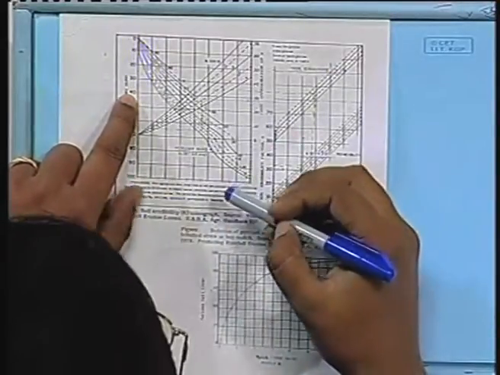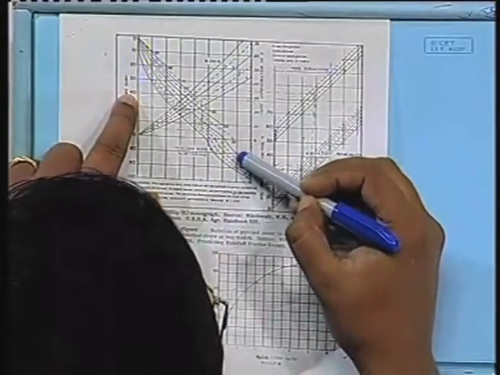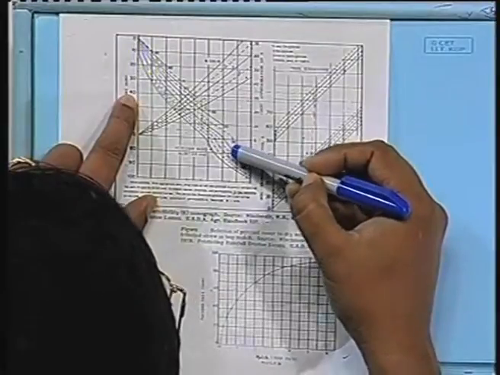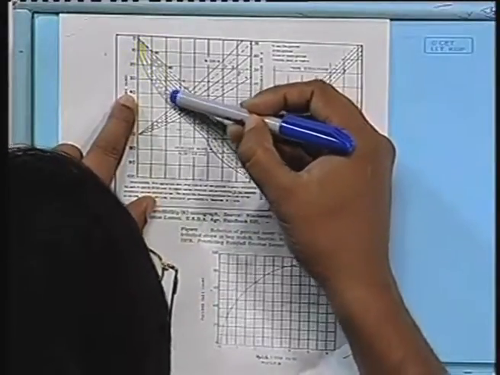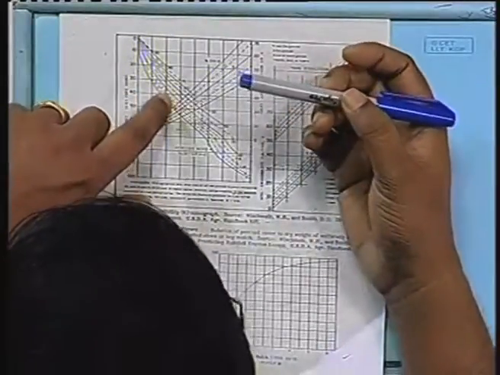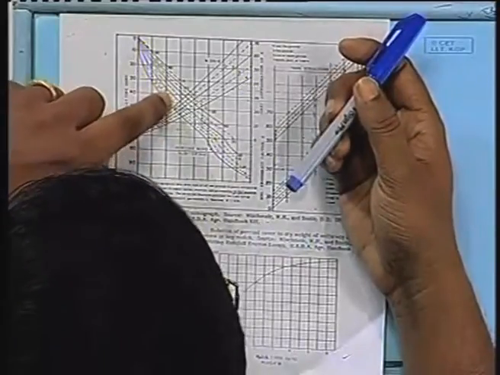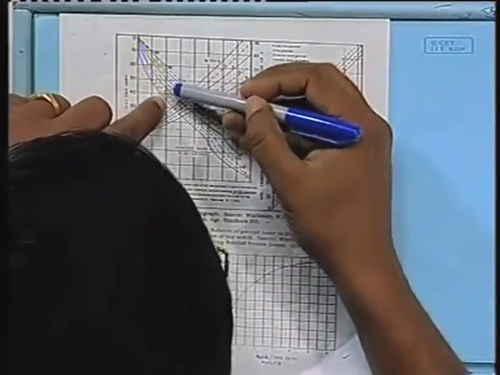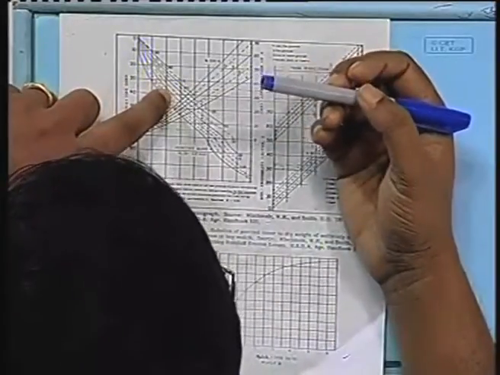And we have sand as 20%. This is the 20% curve for sand. So 40 is connected here in this case. Now this is not enough.